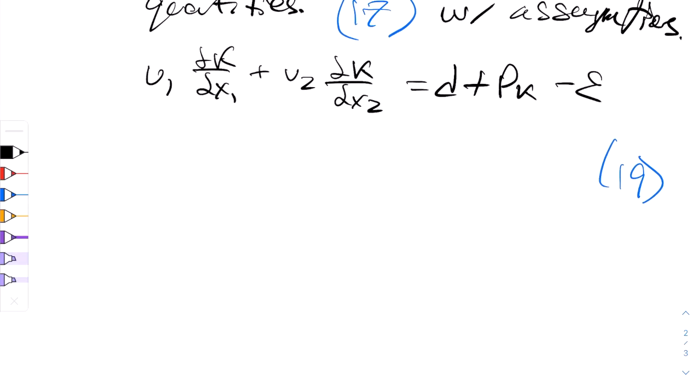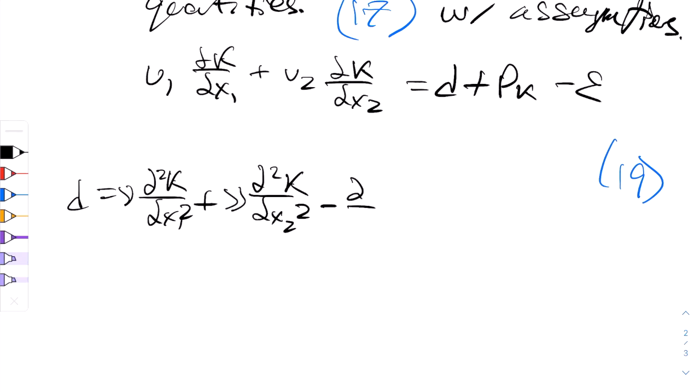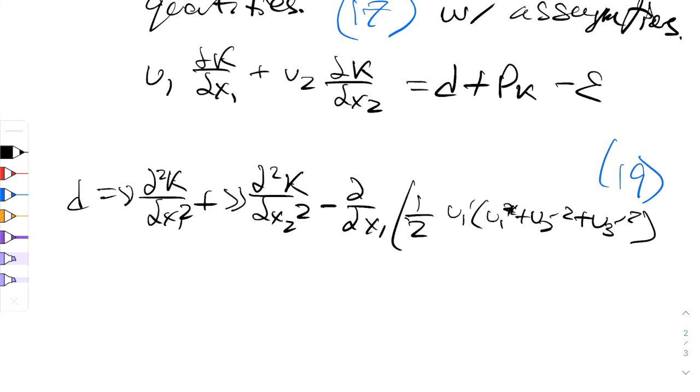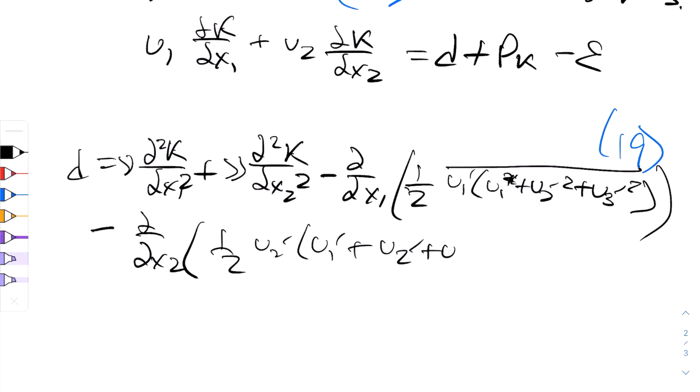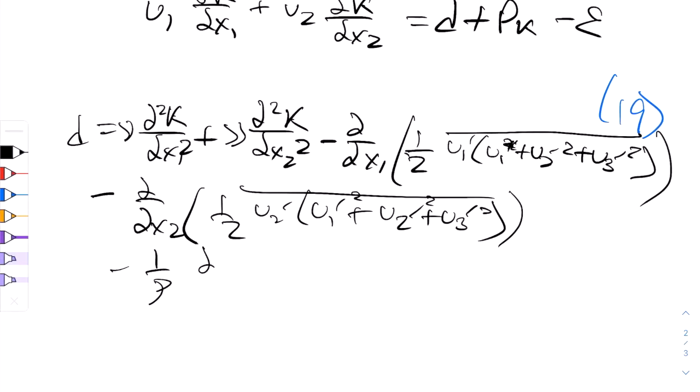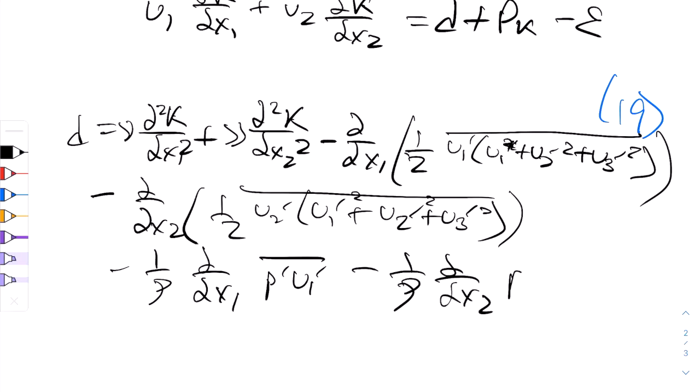So what will D be? Let's write D out. It's quite a big equation, so let's get ready. D equals ν ∂²K/∂x_1² + ν ∂²K/∂x_2² minus ∂/∂x_1 of 1/2 of (u_1'u_1' + u_2'^2 + u_3'^2) times u_1', all averaged, in parentheses, minus ∂/∂x_2 of 1/2 of (u_2'u_1'^2 + u_2'^2 + u_3'^2), all averaged, in parentheses, minus 1/ρ of ∂/∂x_1 of p' u_1' bar minus 1/ρ of ∂/∂x_2 of p' u_2' bar.